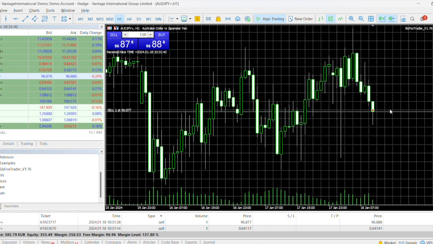So we will also put for every trade, we will put a stop loss. First we will put here, the same for the other one.